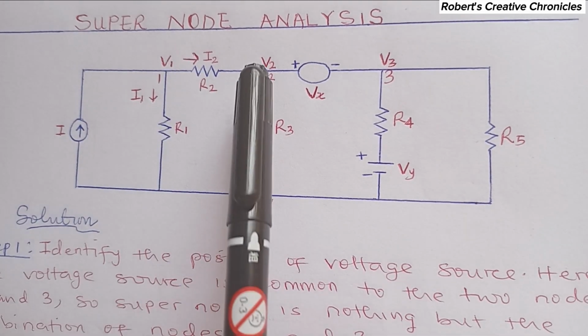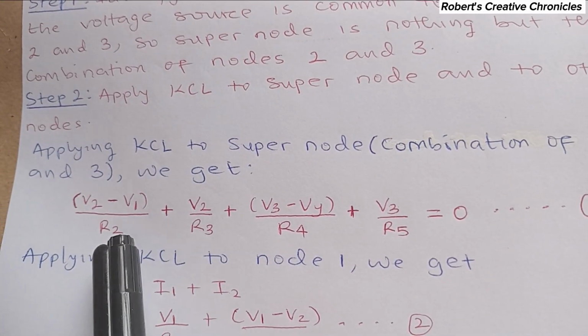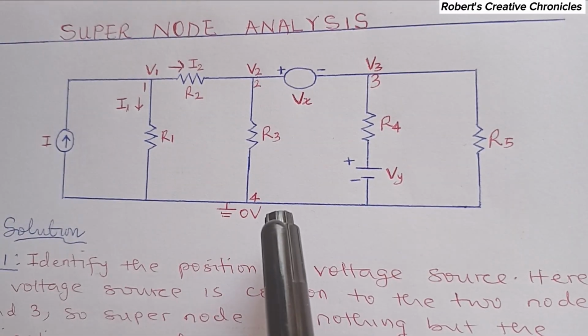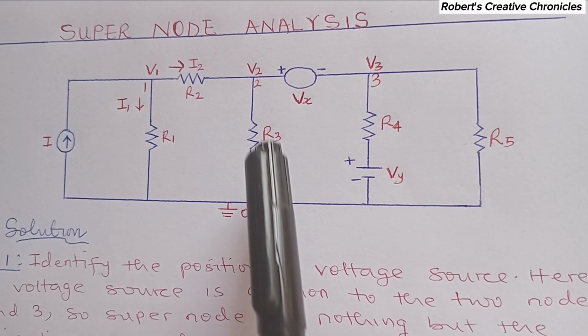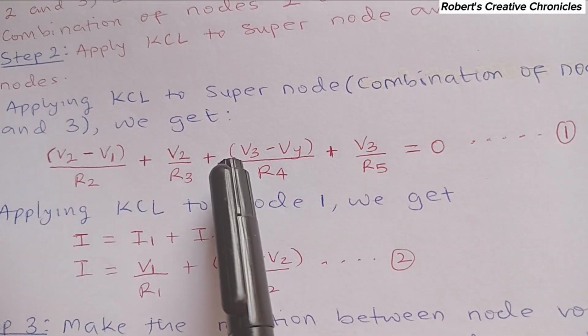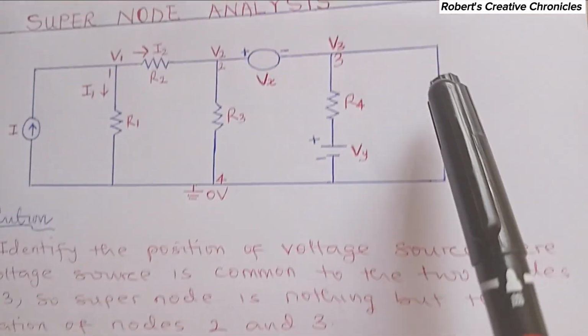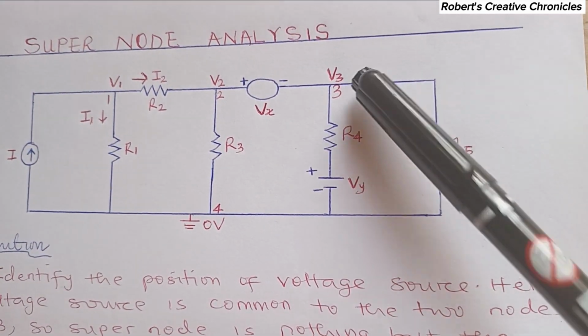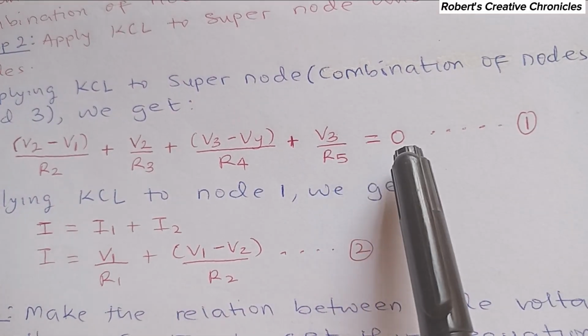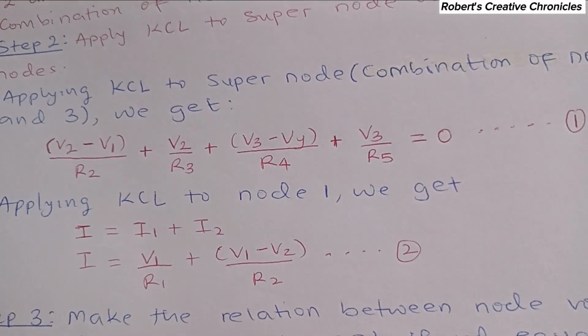Okay, let's start here. We'll say V2 minus V1 over R2, plus V2 minus 0 over R3, that is V2 over R3, plus V3 minus Vy over R4, plus V3 minus 0 over R5, equals 0.